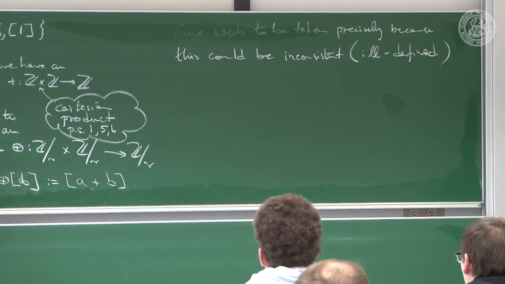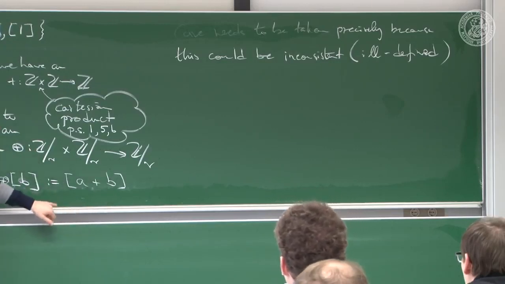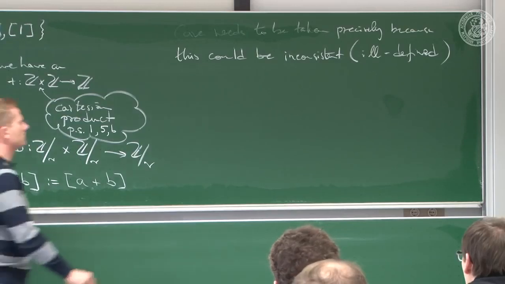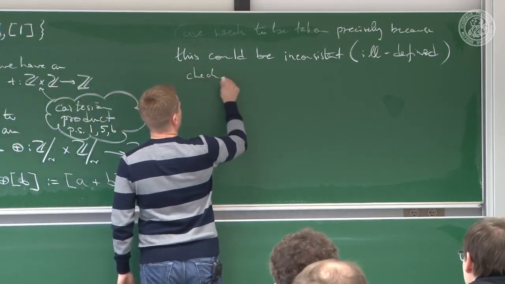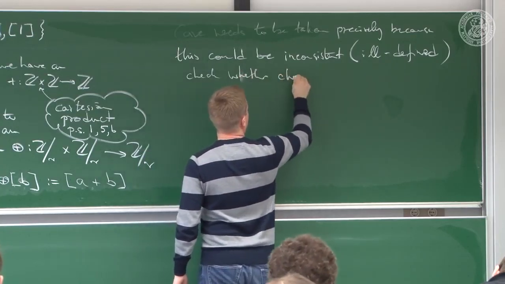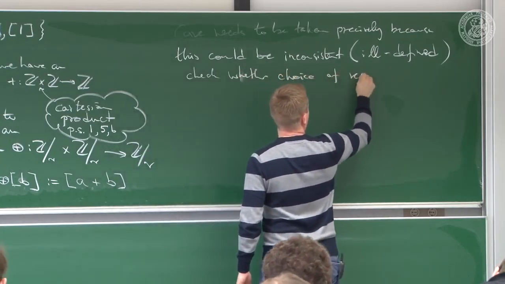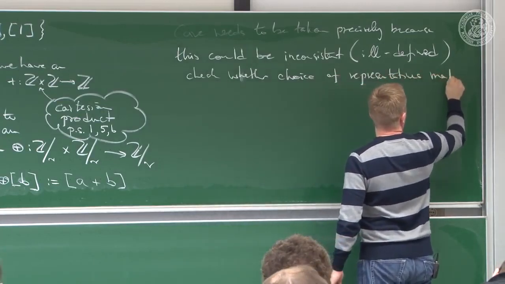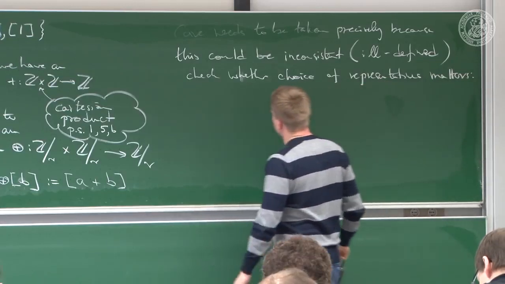We'll talk about this later. But I think this one is okay, but you need to check whether the choice of representatives matters. So how do we check this?